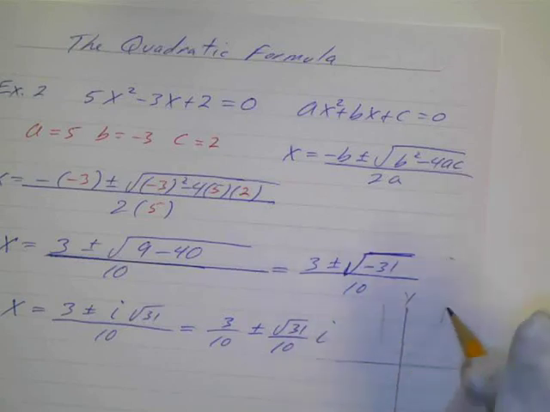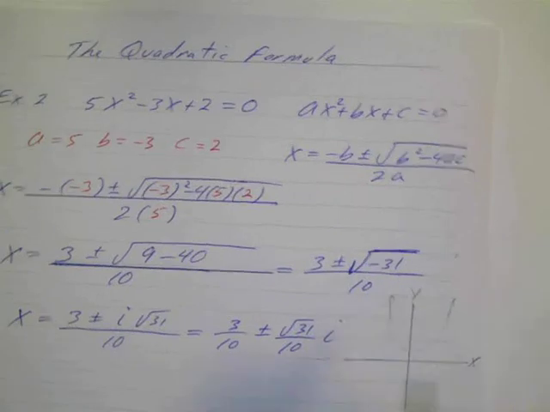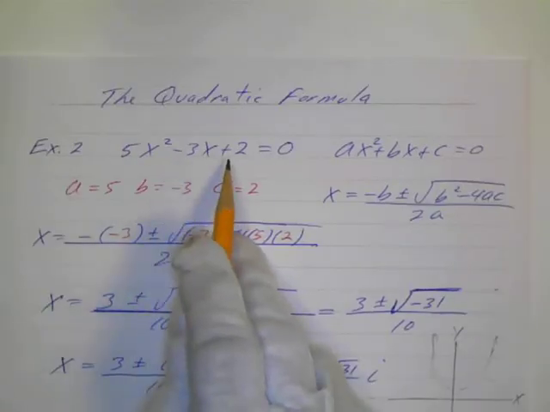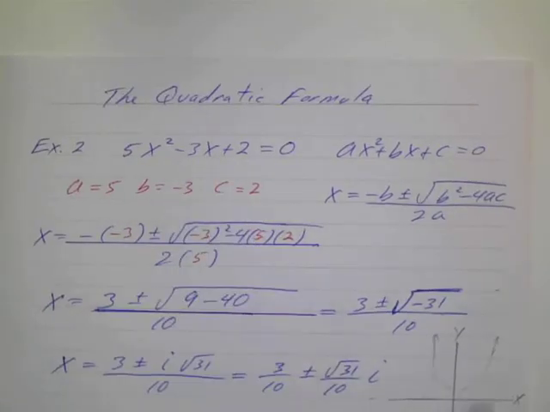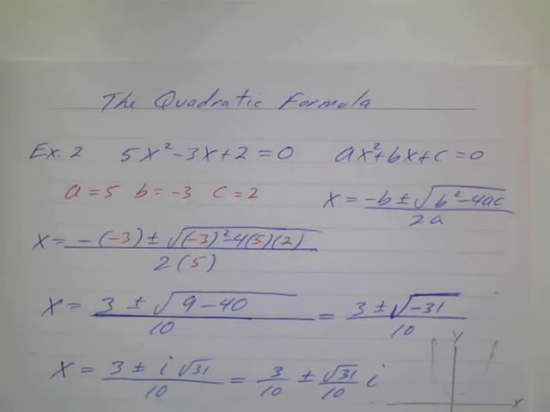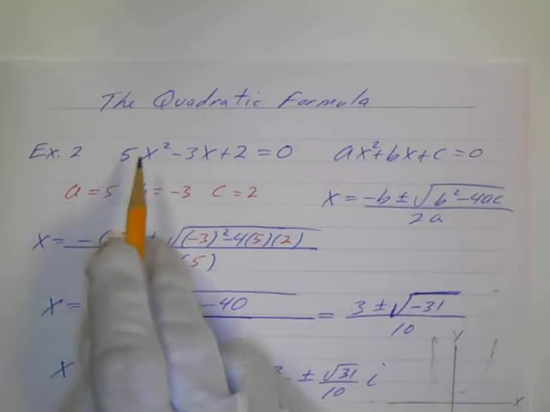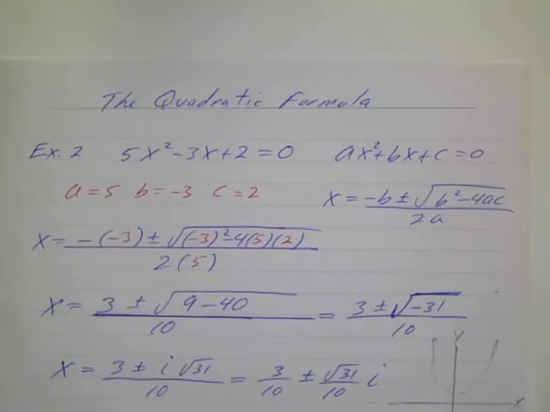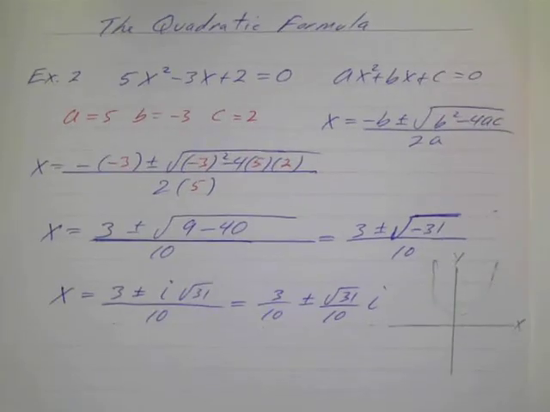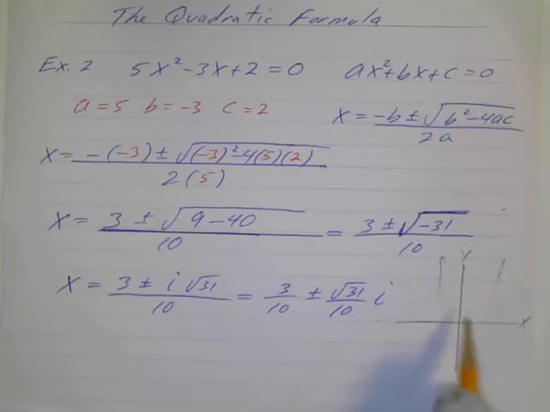And we could find the vertex. I don't really want to do that right now, but we could find the vertex by using negative b all over 2a to find the x value, and then we could substitute that back in and find the y value. That would be a little bit of work, but we could do that.